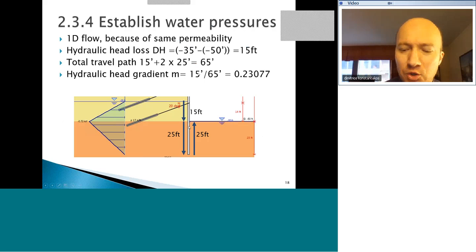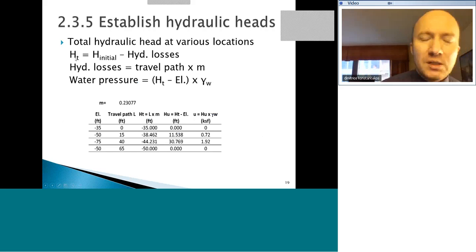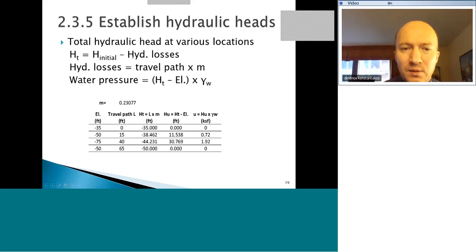We're calculating a hydraulic gradient, 15 feet divided by the travel path, and then we can express the total hydraulic head as the initial minus the losses. So we're calculating the losses times the travel path, and we're coming down to calculating the pressure head, and based on that we can calculate the water pressures.